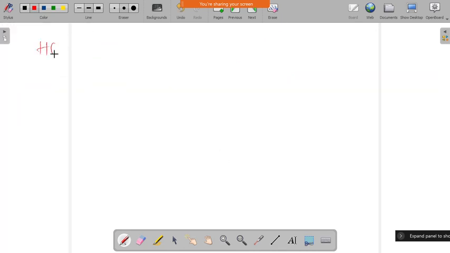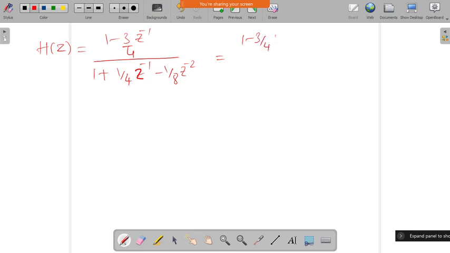Okay. So if I do that, we will get H(z), which is equal to 1 minus 3 by 4 z inverse divided by 1 plus 1 by 4 z inverse minus 1 by 8 z power minus 2. This we can write as 1 minus 3 by 4 z inverse divided by 1 plus 1 by 2 z inverse minus 1 by 4 z inverse minus 1 by 8 z power minus 2.